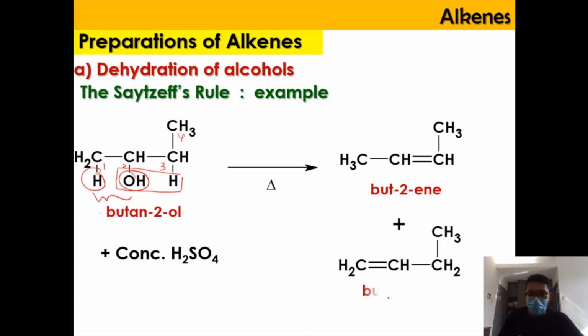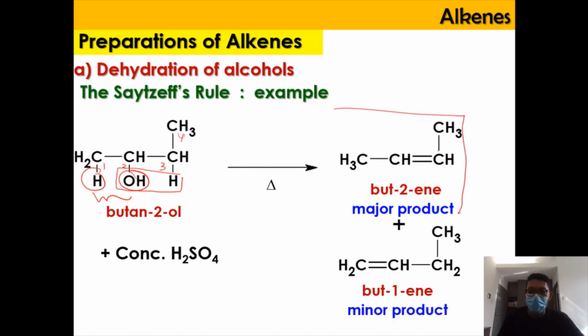So we'll get another product which is but-1-ene. So we will get a major product here and a minor product here. And according to the Saytzeff rule, we will get this product to be higher because it is much more stable and a more substituted alkene.